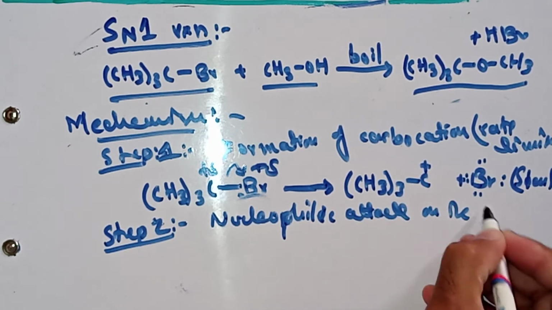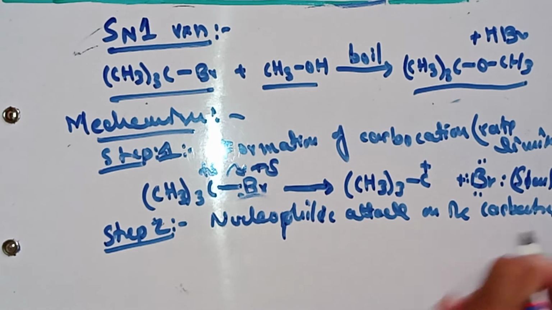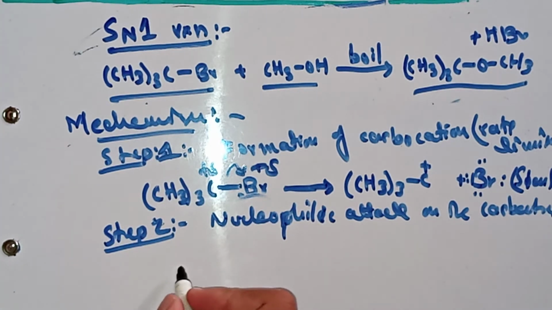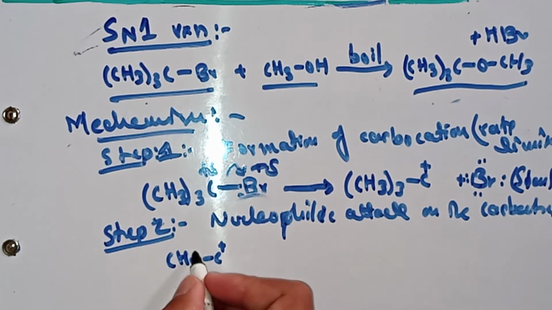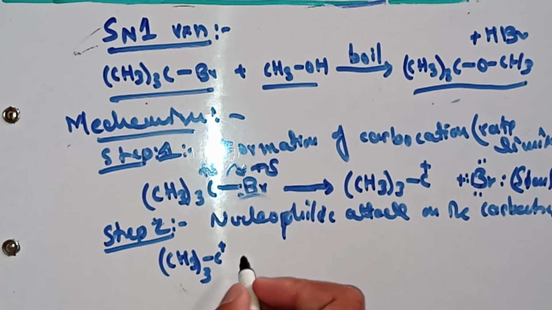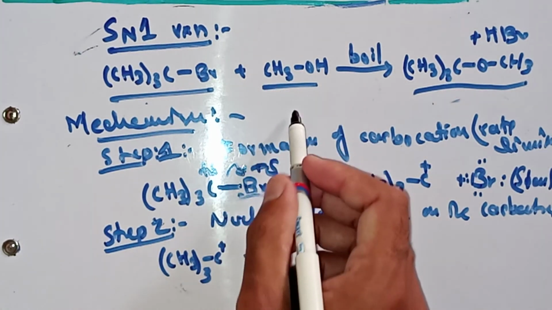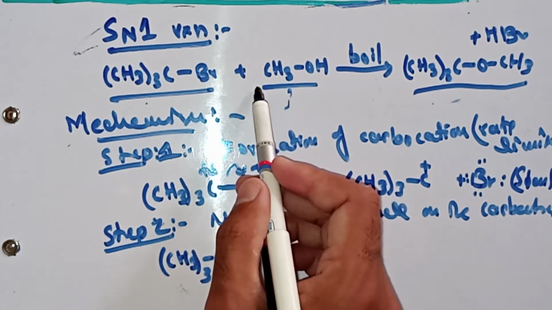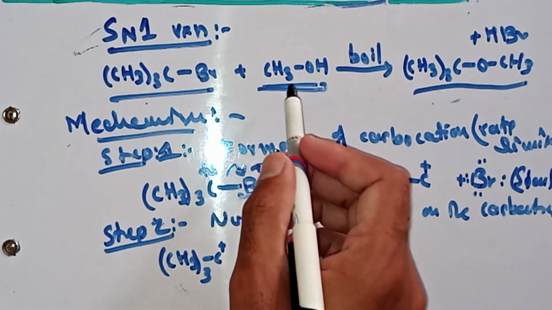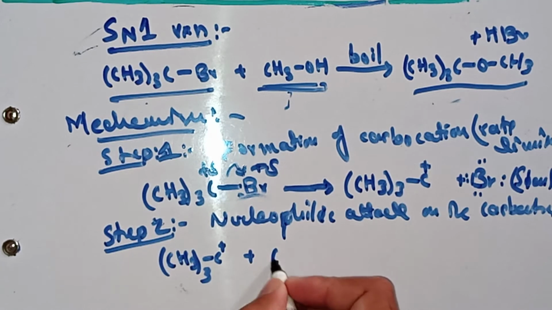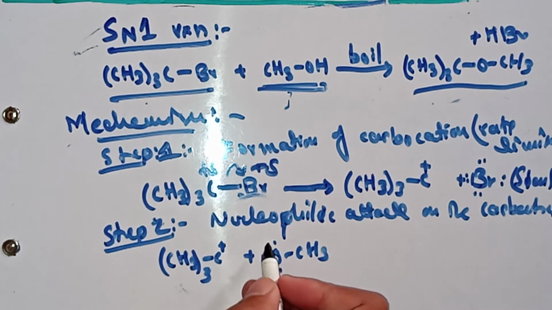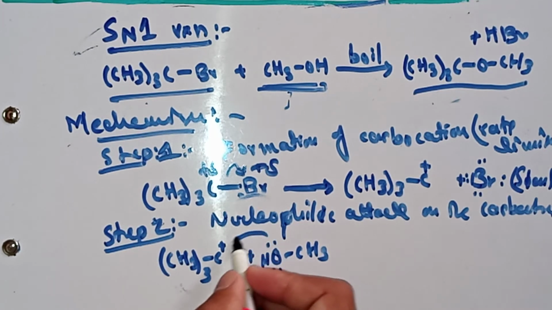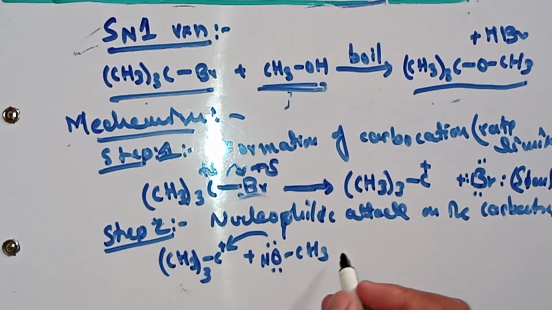This is the carbocation (CH3)3C+, and methanol, the solvent, will act as a nucleophile: CH3OH. This methanol has two lone pairs, so a lone pair will act as a nucleophile and attack this carbon. So the nucleophilic attack occurs.